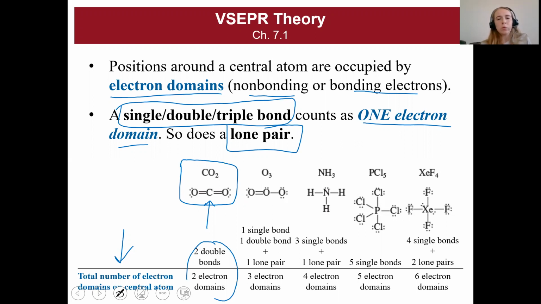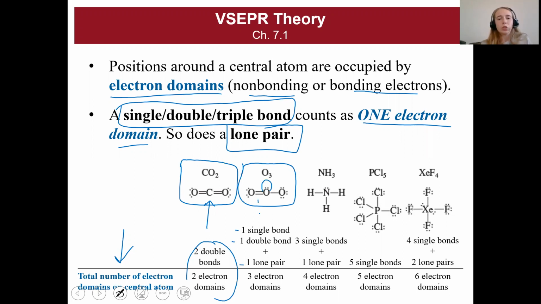All right, what about ozone? Ozone over here looks very similar, at least in its Lewis structure, to CO2. We've got 1 double bond and 1 single bond, and there's also a little lone pair on that central oxygen. So our central atom has 1 single bond, 1 double bond, and 1 lone pair.